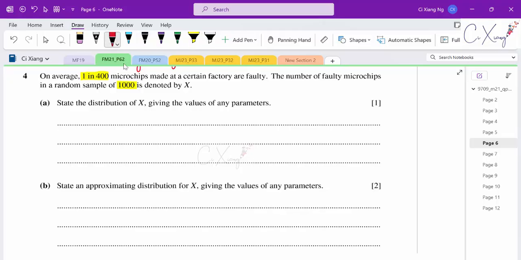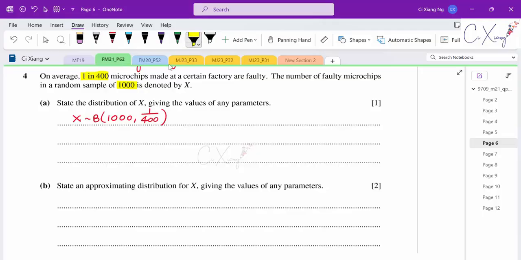Therefore, it belongs to a binomial distribution because you have a fixed number, which is 1000, and we are given the probability, which is 1 over 400. So X is binomially distributed with n is 1000 and p is 1 over 400.